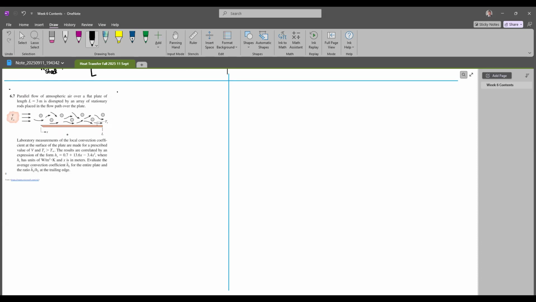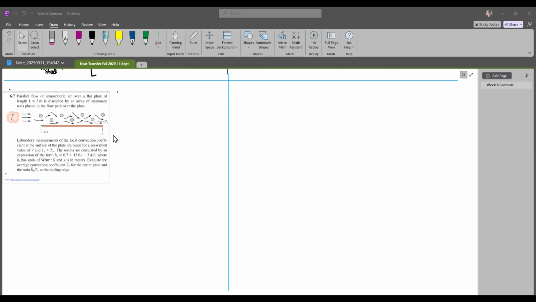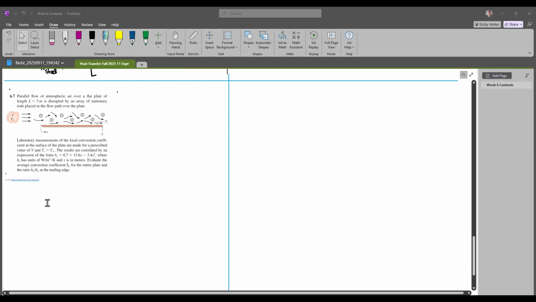Parallel flow of atmospheric air over a flat plate of length 3 meters is disrupted by an array of stationary rods placed in the flow path over the plate. Okay, let me copy this part and paste it here so it's a little easier for us.